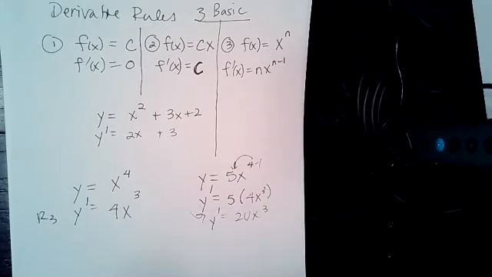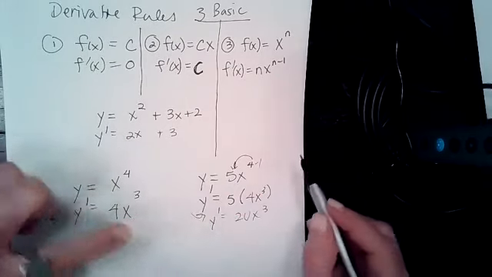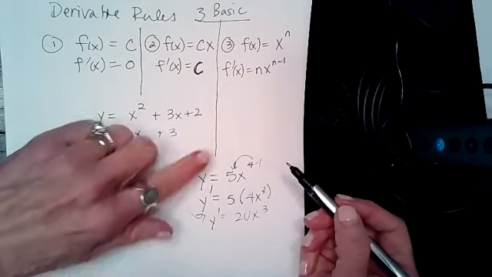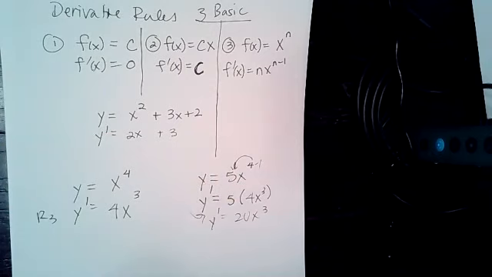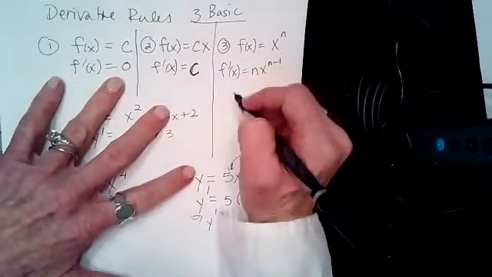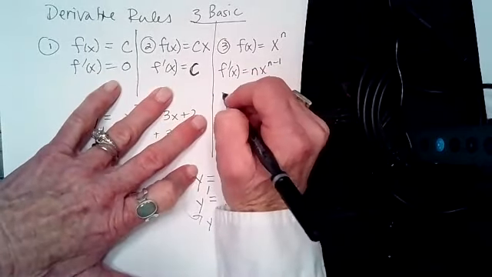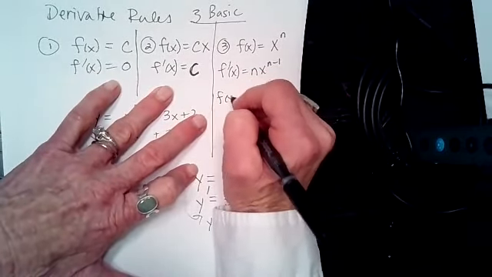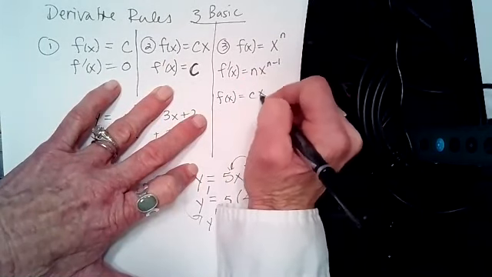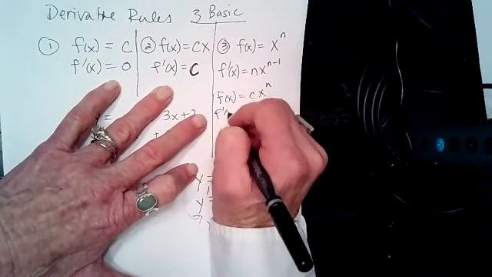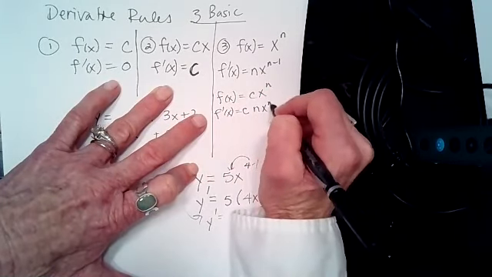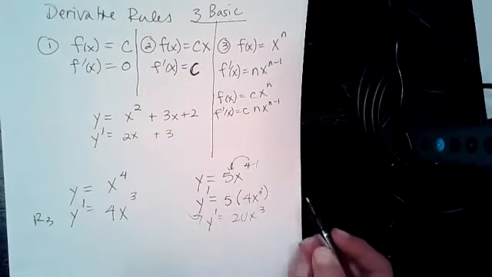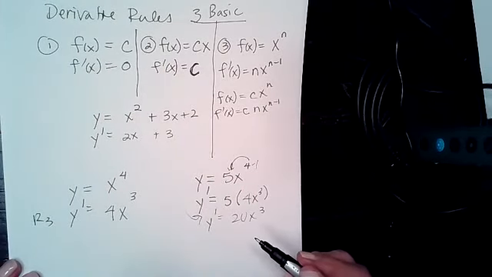But now, just like in 268, we're going to use this a lot. We bring the constant along and we just deal with the variable term. So I'll write this as a sub-rule 3. If f of x is a constant times x to a power, then the derivative is we bring along the constant and then we just take the derivative of the variable term. Okay, so we'll use that a good bit.